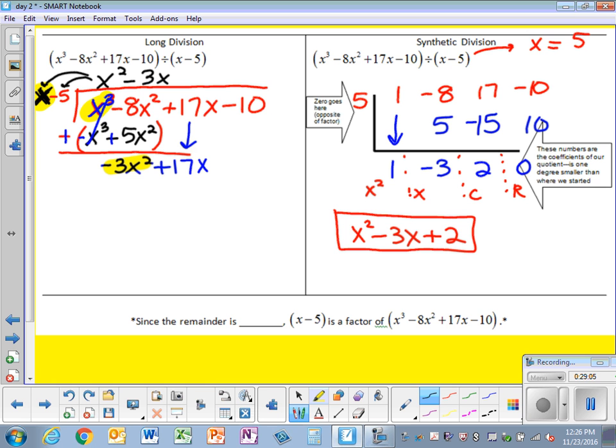This times what gives me the first term here. So negative 3x. All right, so now you're going to do the same thing. You're going to distribute. Negative 3x times x gives you what?